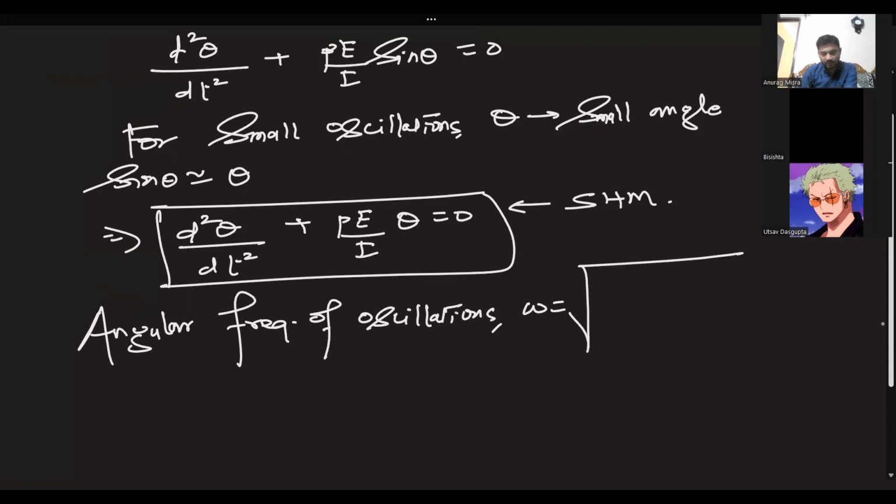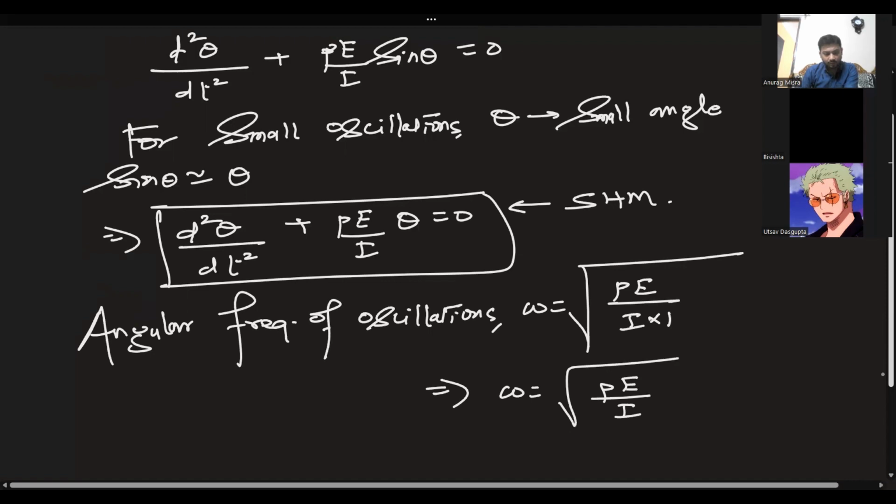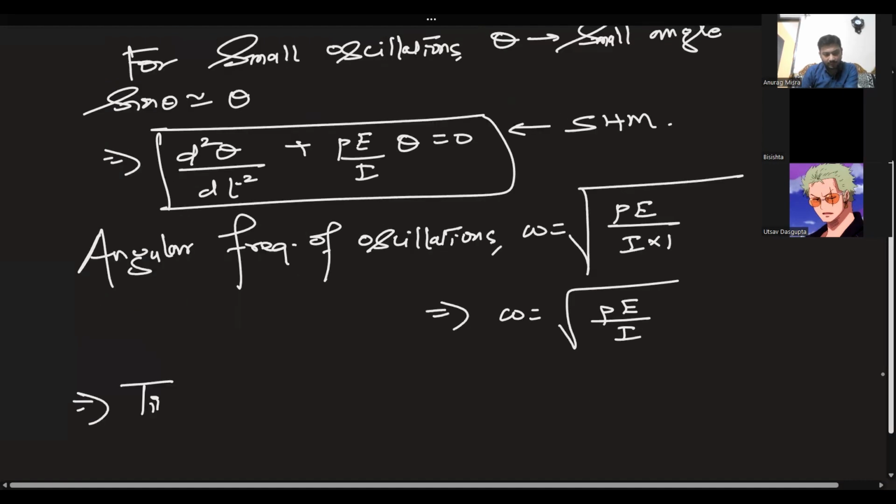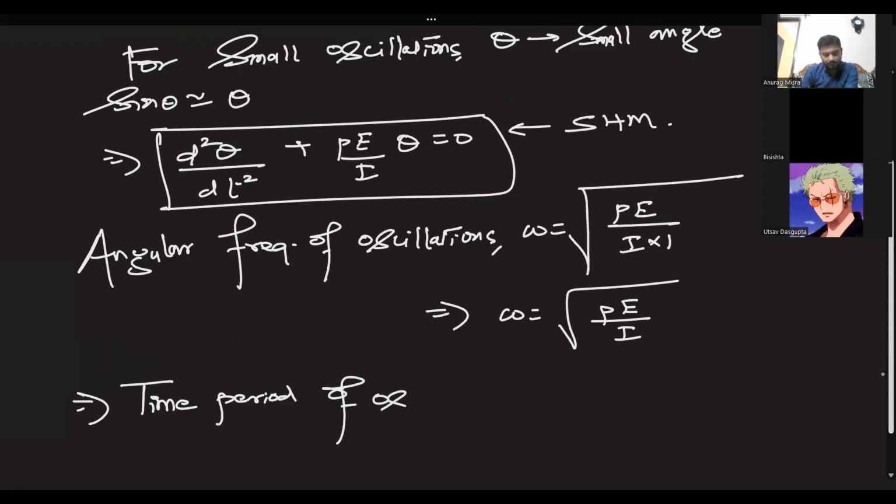How much is that? pE by I, divided by the coefficient of the acceleration term, which is 1. So our omega will be root over pE by I. Therefore the time period of oscillations T will be equal to 2 pi by omega, meaning 2 pi root over I by pE.